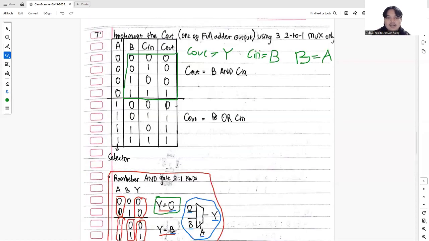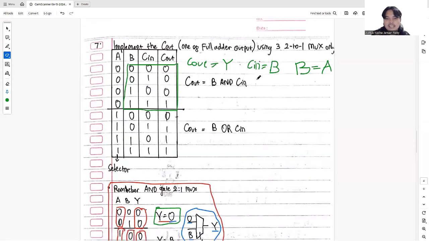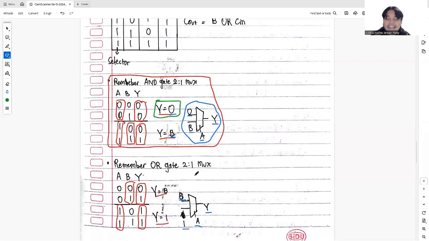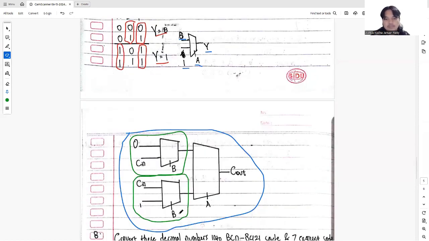I'm using B equals A in this context, C in as my B, and C out is my Y. So, same, I'm using B as my selector, C in and 1 as my inputs, and C out as my output.